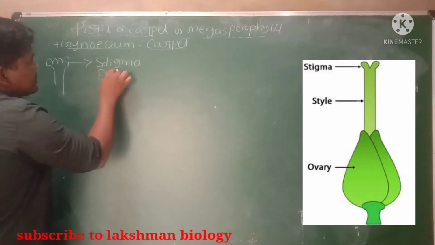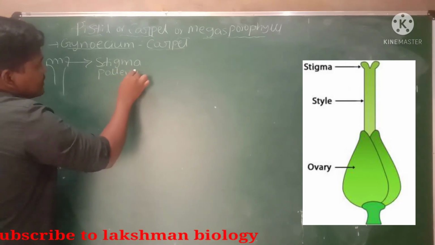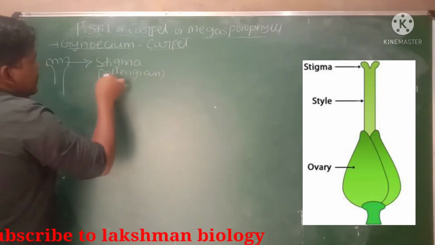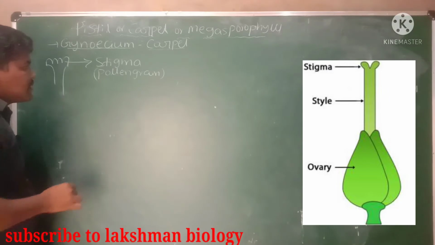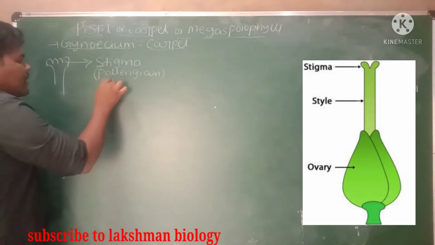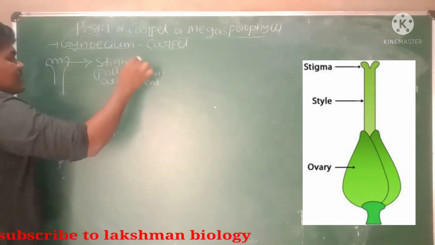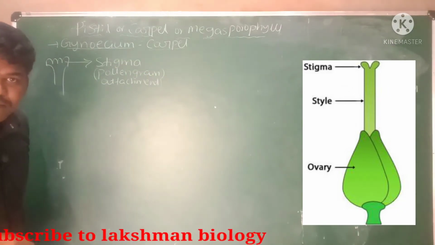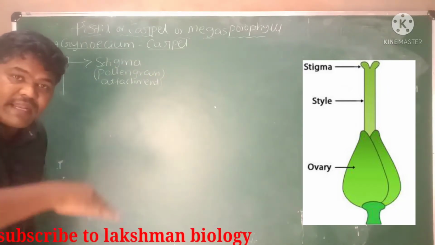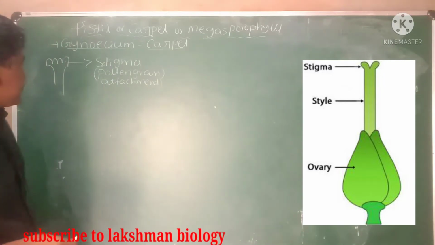Means pollen grains after pollination can attach on the stigma. The pollen grain attachment occurs at the stigma. It is a landing platform for the pollen grain.